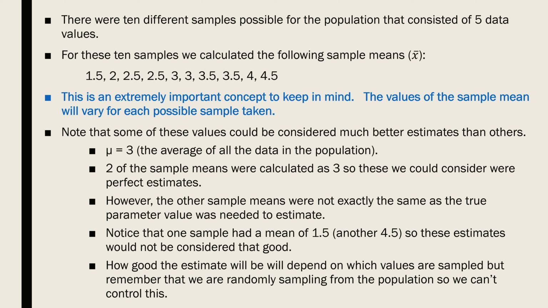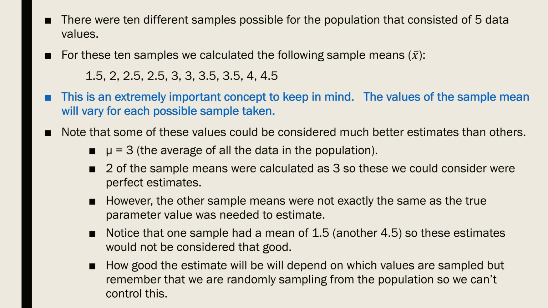However, the other sample means were not exactly the same as the true parameter value we needed to estimate. Note that one sample had a mean of 1.5 and another 4.5, so these estimates would not be considered as good.